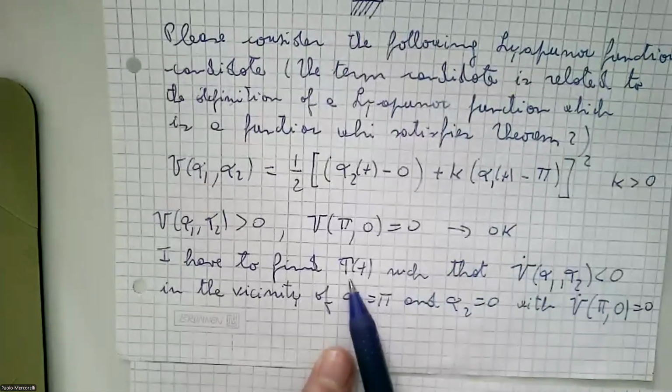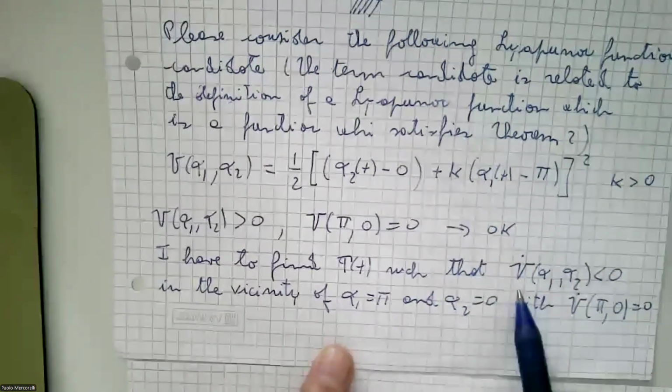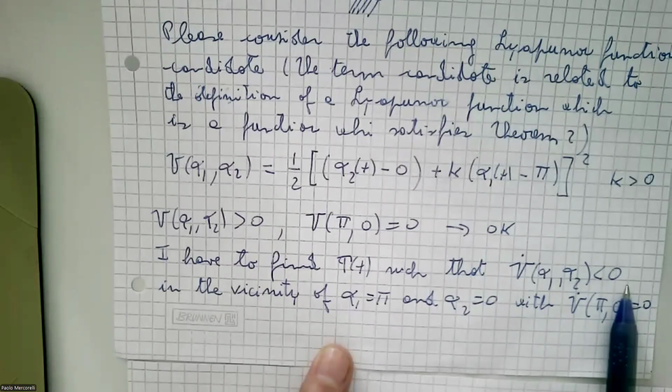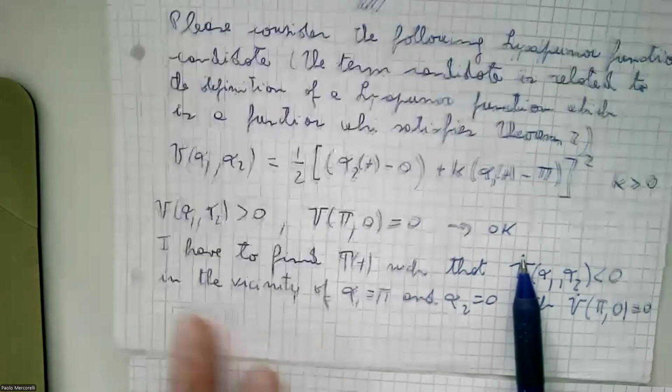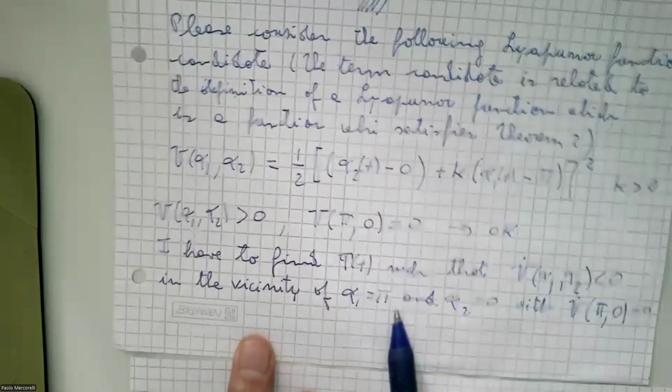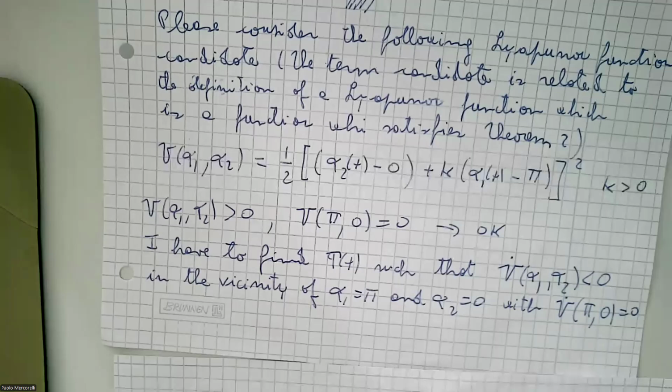Now I have to find T of t such that the derivative of V is less than 0. Please pay attention. Dot means the derivative with respect to the time. Close to this point, but basically we can consider also the whole domain if you want to stabilize everywhere.